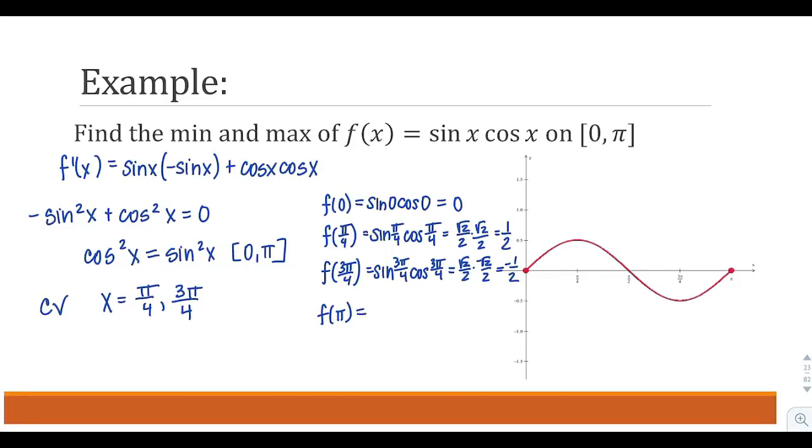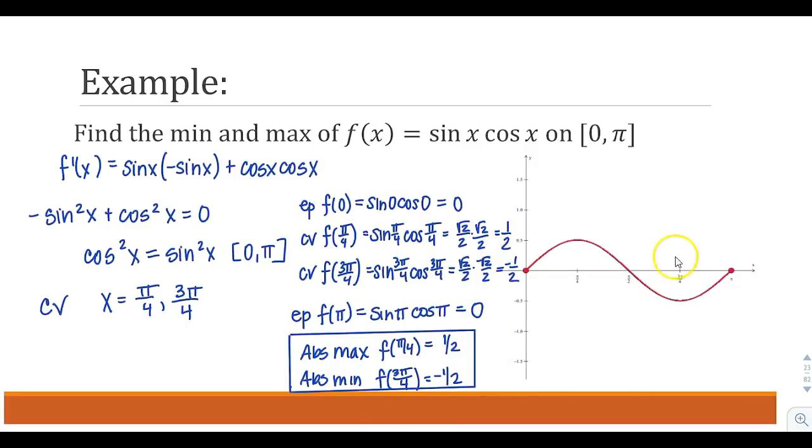And then f of pi, so we have sine pi times cosine pi, and sine of pi is 0, so that means that whole quantity is 0. So we went ahead and tested our endpoint, our critical value, endpoint. We're looking for the max and min, so we see the absolute max is 1/2, the absolute min is negative 1/2. So now we can go ahead and take a look at the corresponding graph.